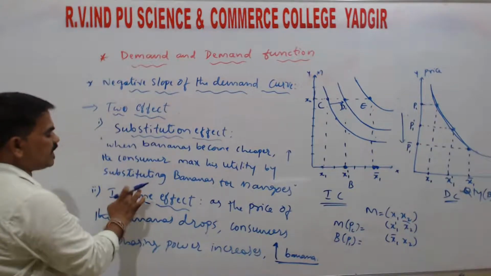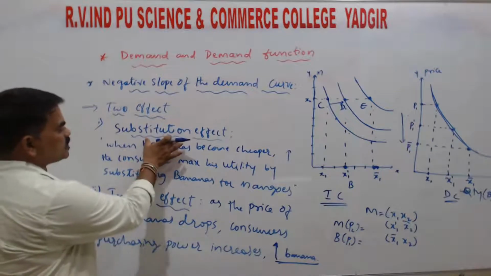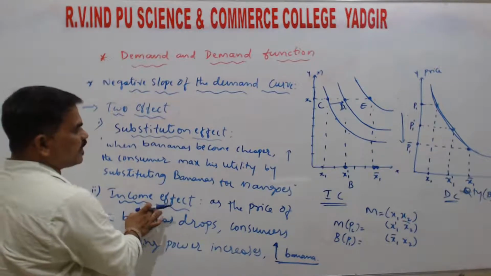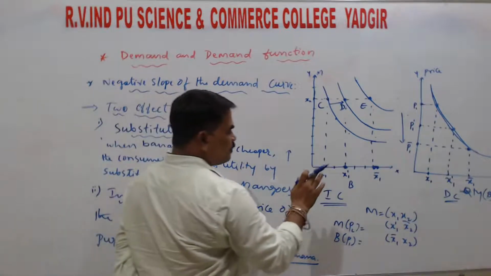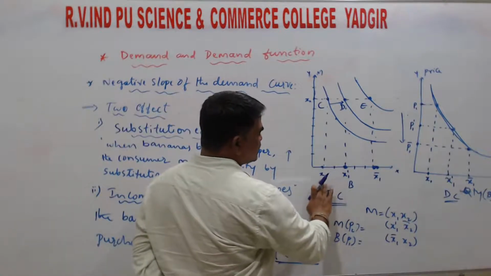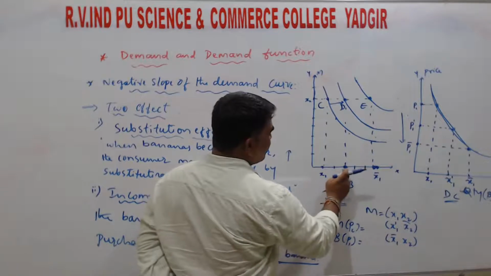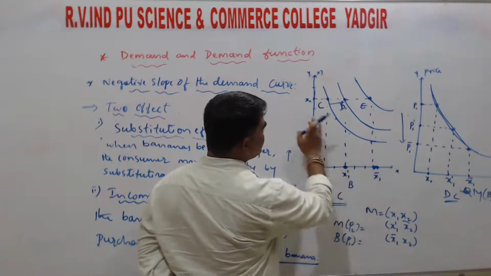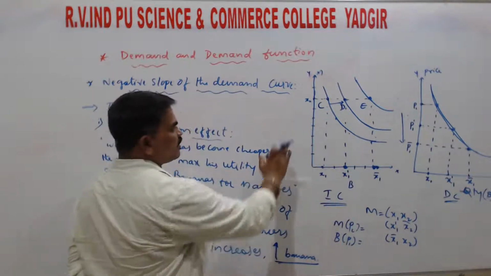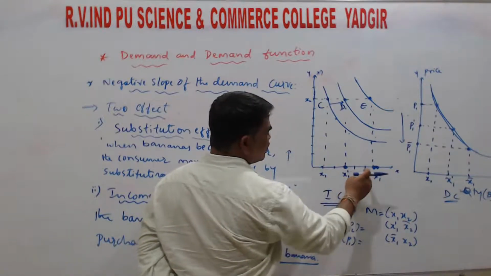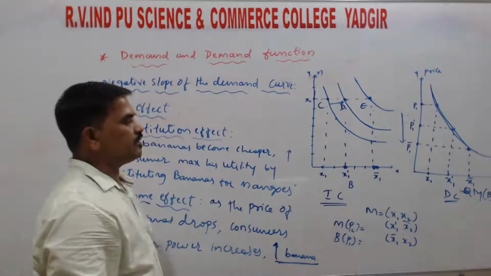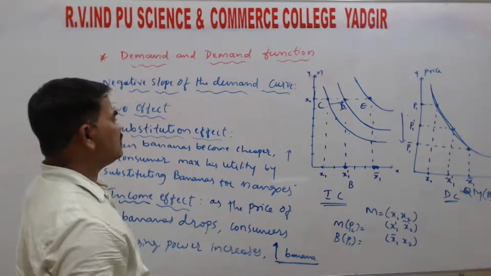So these two effects we can see here: one is the substitution effect and the second one is the income effect. When there is a price drop of banana, he will substitute more bananas for mangoes. He will keep mangoes the same, and as there is a price reduction, he will substitute more and more bananas. That is the substitution effect.